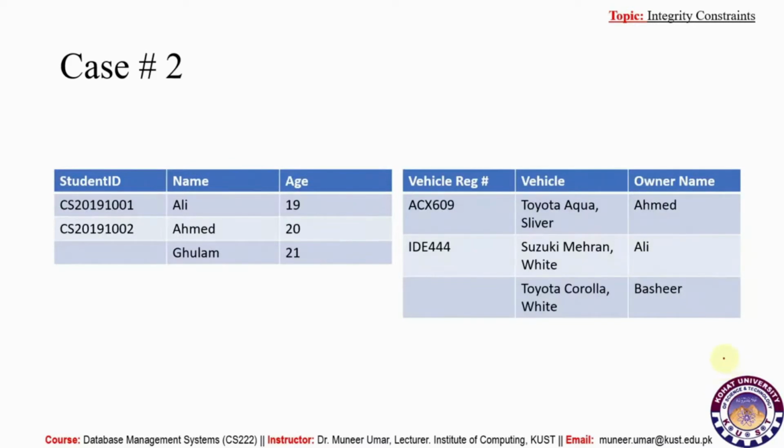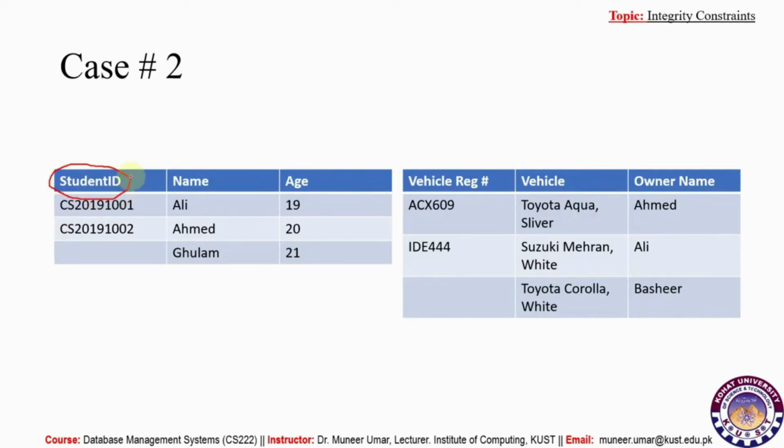Then case number 2. If we look into these 2 tables, the records in these tables are identified by some IDs or some key values. For student we usually use student ID as a primary key to determine the records of students.